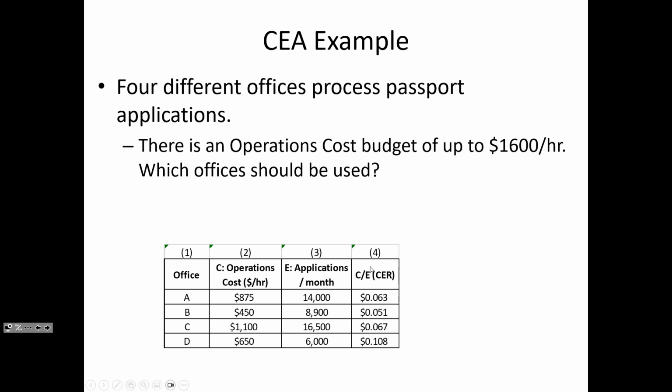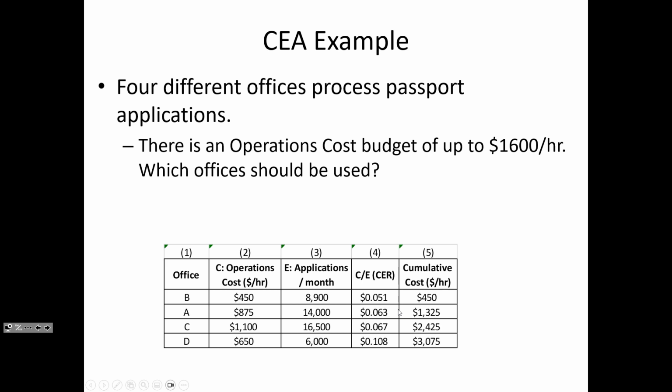Now here's where things get a little bit less basic, because so far this is easy. Now in the next step we reorder it, and we put the most efficient at the top. So if you look, which of these offices is the most efficient? They have the lowest cost and the highest productivity. B is the best because it's got the lowest cost to efficiency ratio.